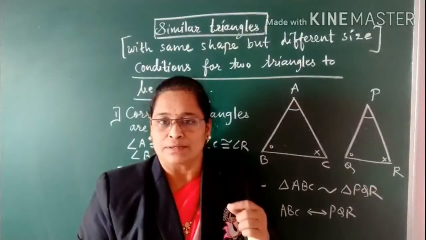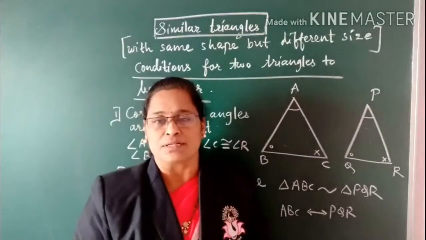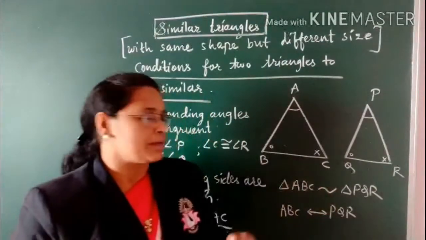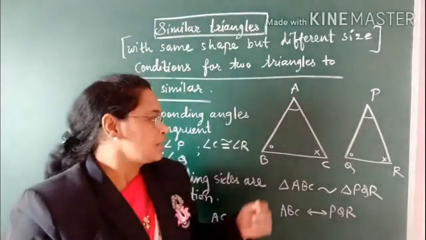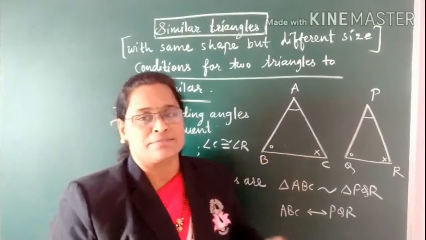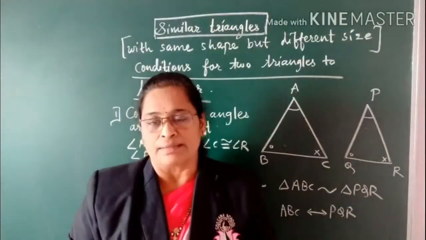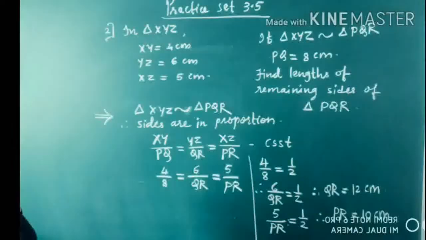Let's see one or two examples from which we can understand how the triangles can be similar. Or if we are given the length of the sides, then we can find out the remaining length which are asked to find out. In this example, triangle XYZ is similar to triangle PQR, and length of all the sides of XYZ are given, and length PQ of triangle PQR is given. As the triangles are similar, the sides are in proportion.